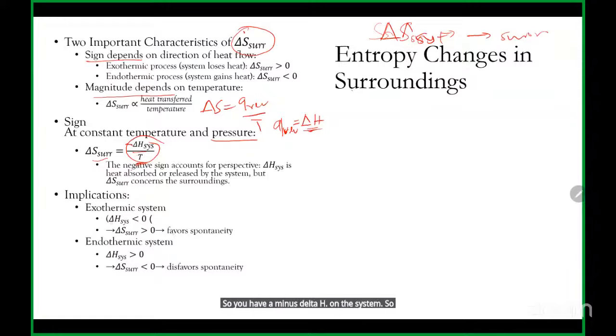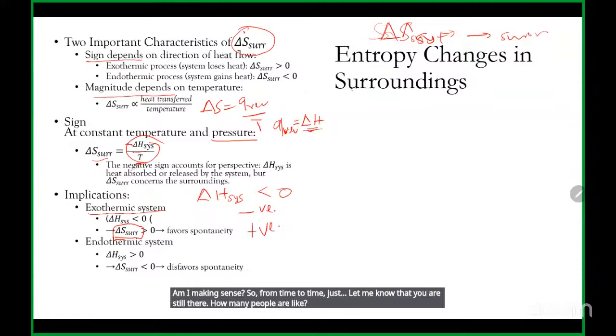So what does this mean? If your reaction is exothermic, that means delta H is less than 0, or it is negative, then delta S of the surroundings will be positive. Am I making sense? From time to time, just let me know that you are still there. How many people are online? Okay.